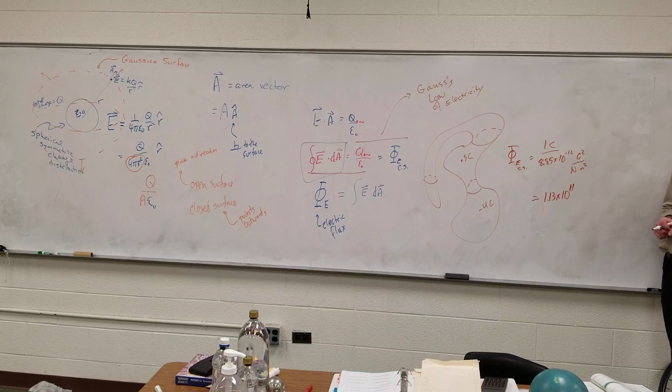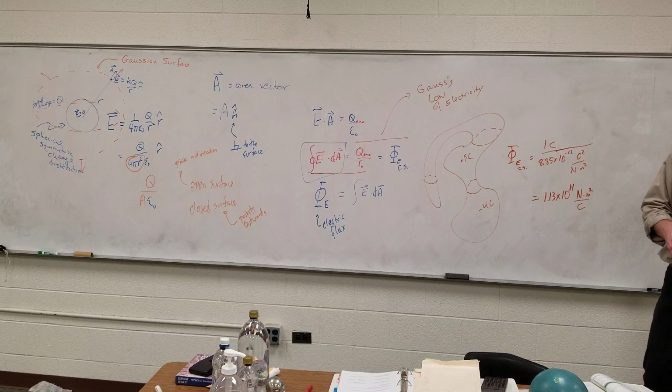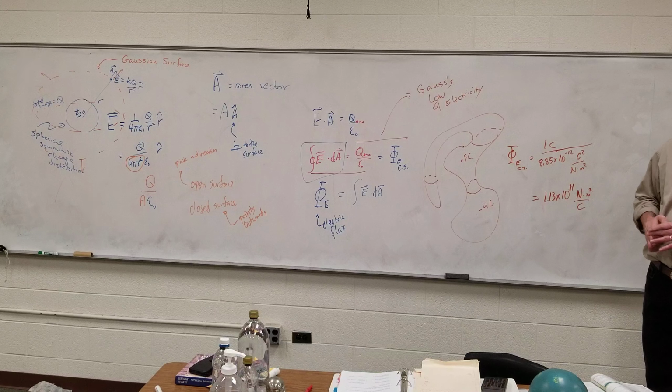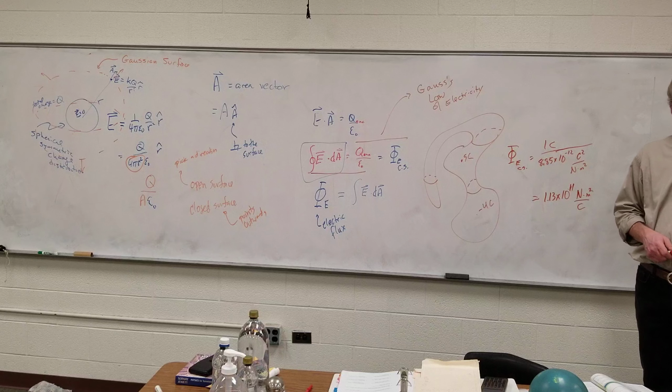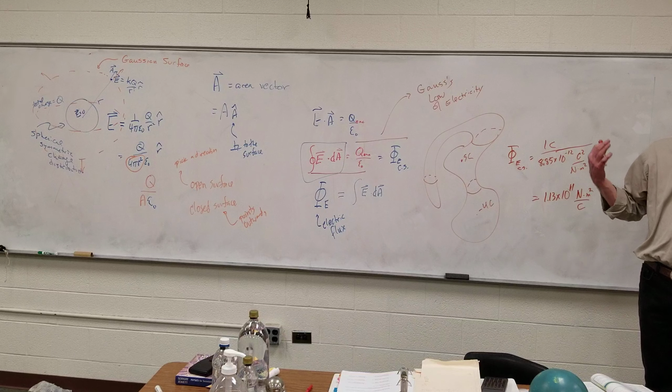It'd be Newton meter squared over Coulomb. Yeah. And for some unknown reason, the physicists looked at that and said, yeah, we can deal with that. We're not going to come up with one word. Or, we're not going to honor anybody with this one, so we'll just live with it. Magnetic flux, they came up with a unit for it. Electric flux, no.